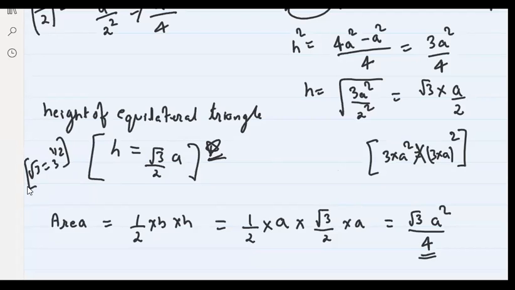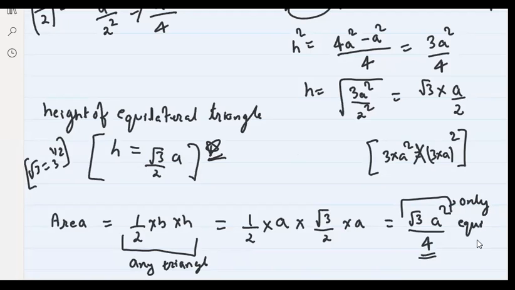Take your time. So all of you understood the area of an equilateral triangle. The half base into height is the formula for any triangle, and this one is just for the equilateral triangle only, because root 3 by 2 a is the height of an equilateral triangle only. Got it, everyone?